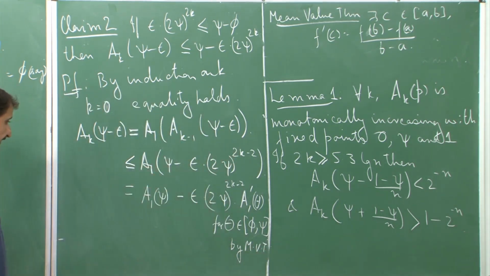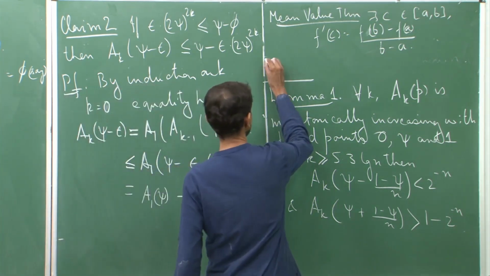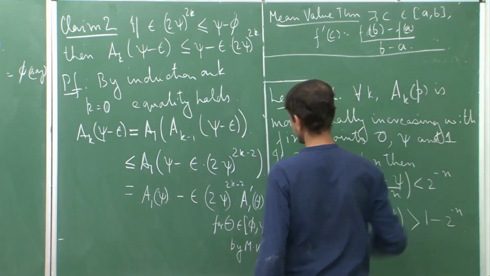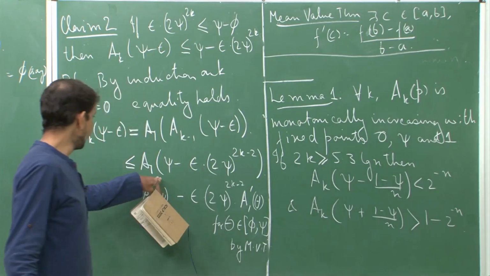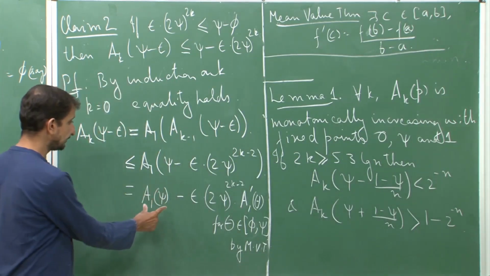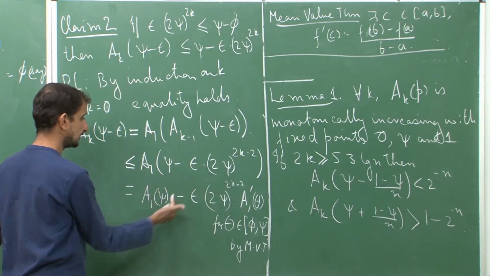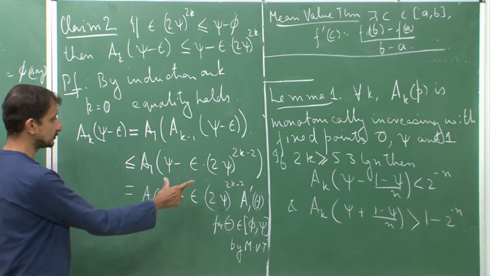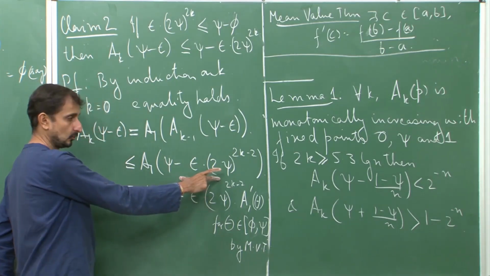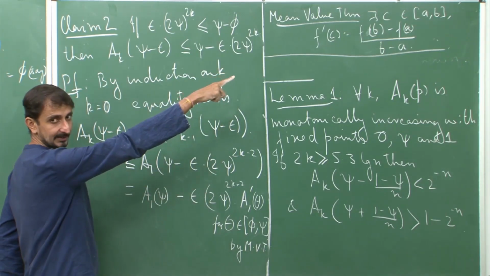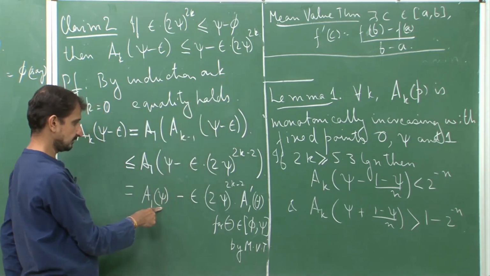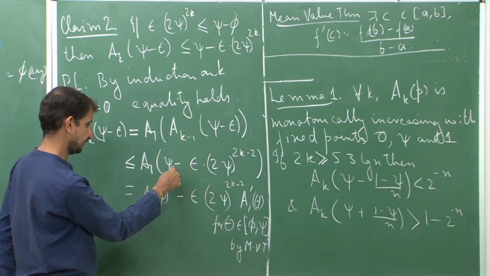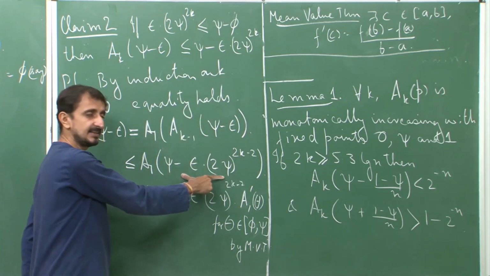Let us quickly verify this. I have these two terms: I have a_1 of this and I have this. I will choose this quantity to be my b, and this quantity, which is actually smaller, to be my a.